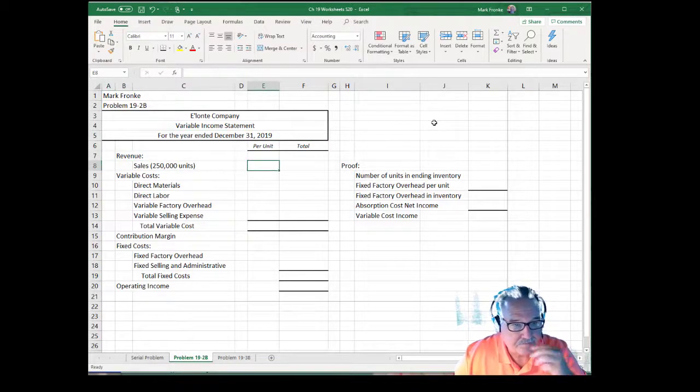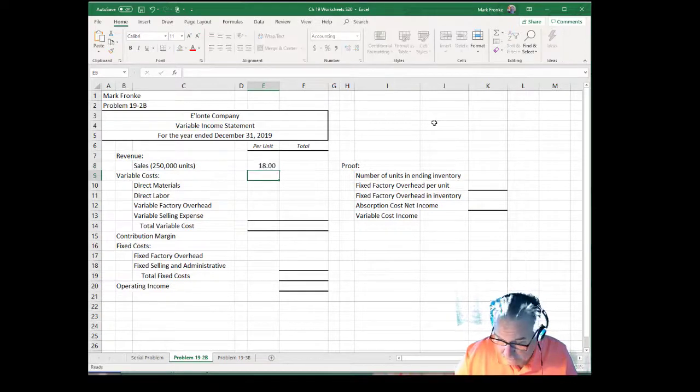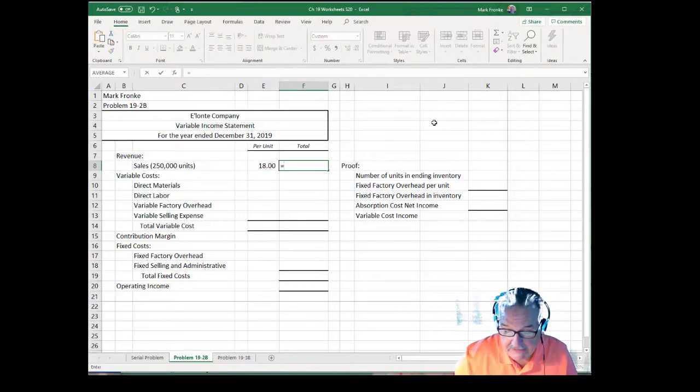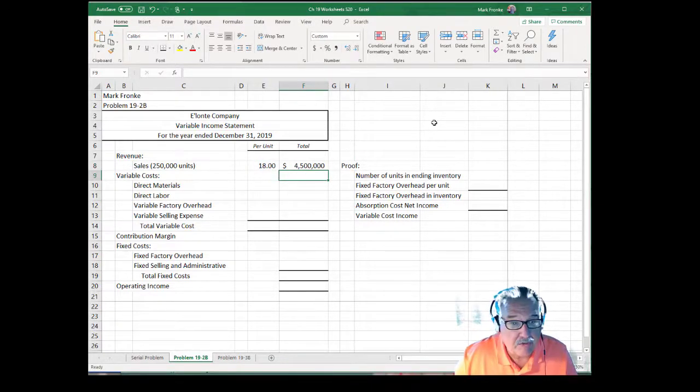Put the date, and this is based on sales of 250,000 units, which we sell for $18 a piece. So if I multiply 18 times 250,000, I get sales of 4.5 million. Again, the sales is not going to change from the sales presented in the book.